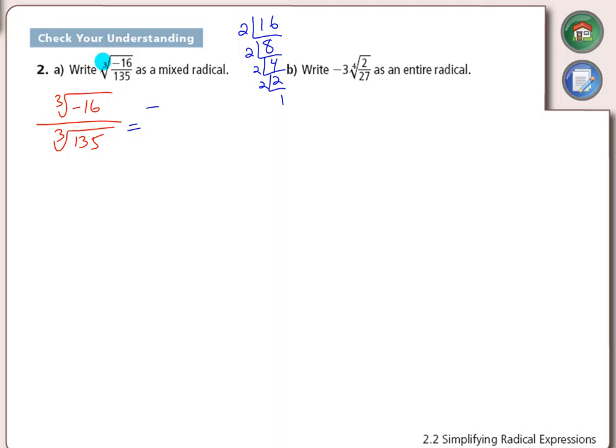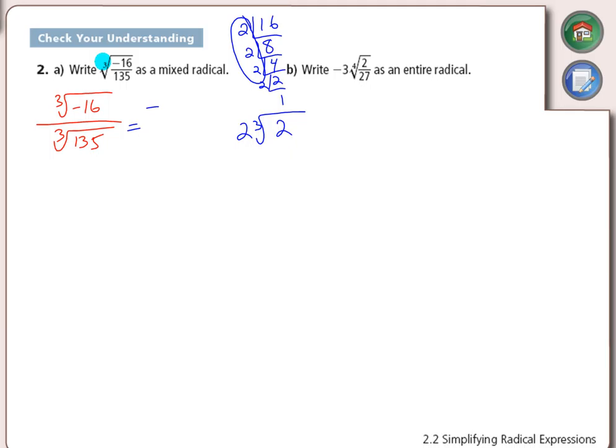And now, because we are doing a cube root, we're going to do groups of 3 of the same. Well, when we do that in groups of 3, that means we've got the group of 3, which is going to be 2, and now the cube root of whatever's left inside on its lonesome, that 2.